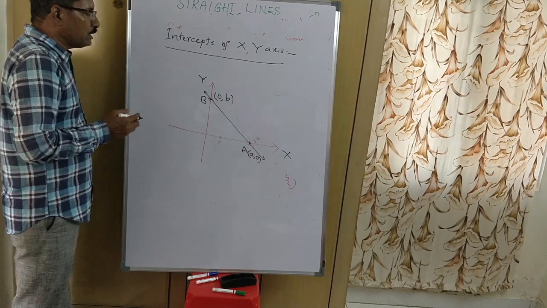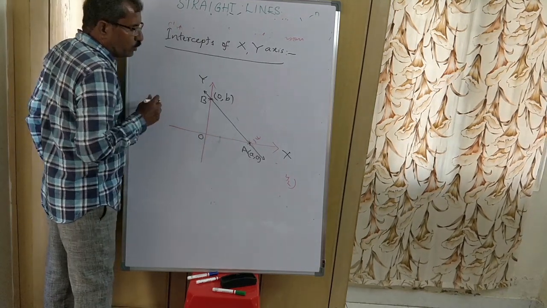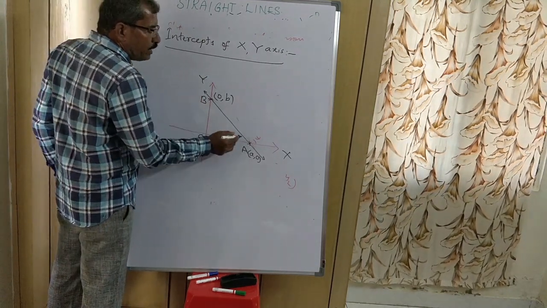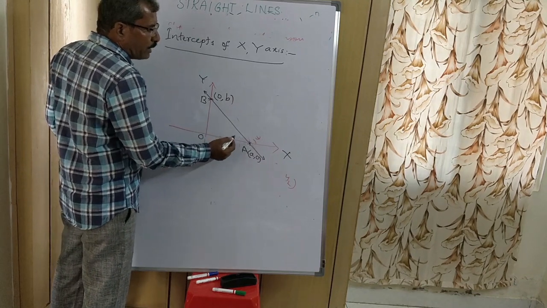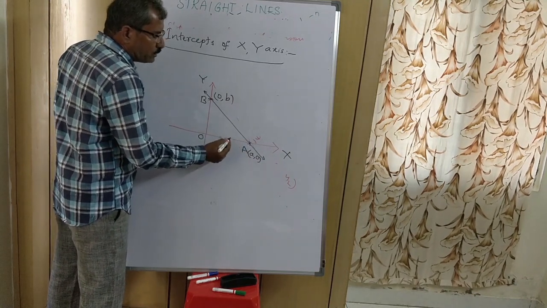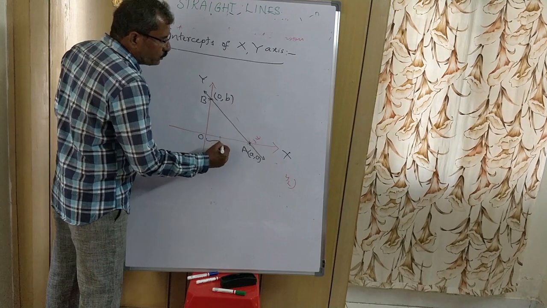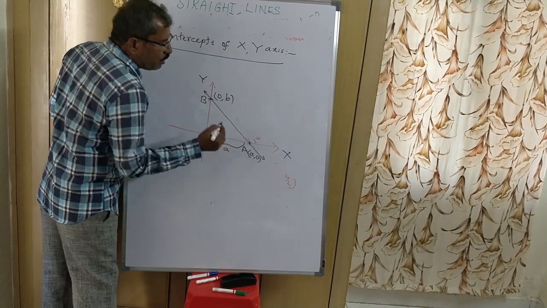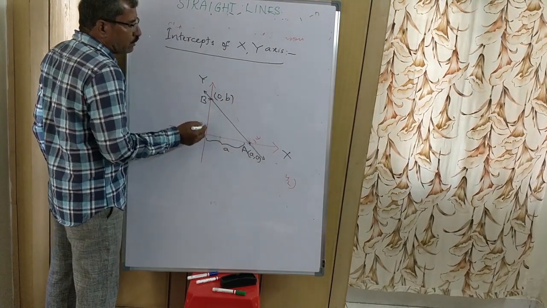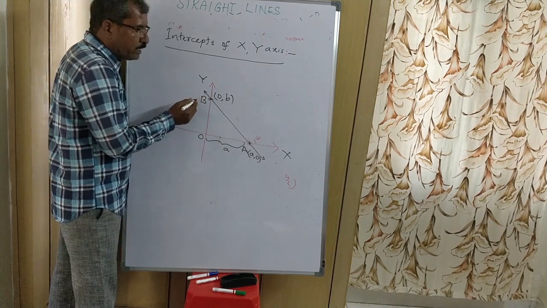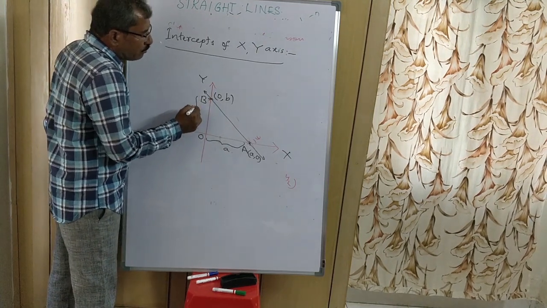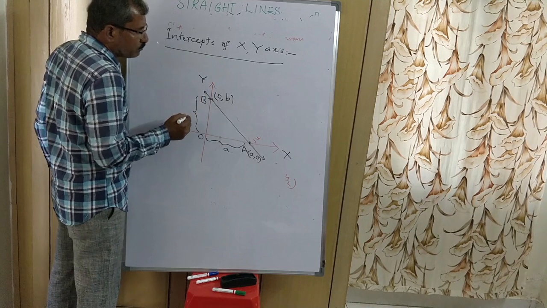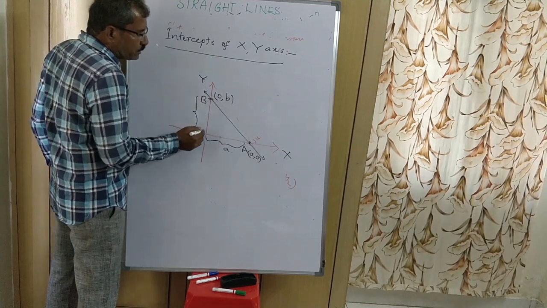The AB line intercepts the x-axis at a distance of A units from the y-axis, and intersects the y-axis at a distance of B units from the x-axis.